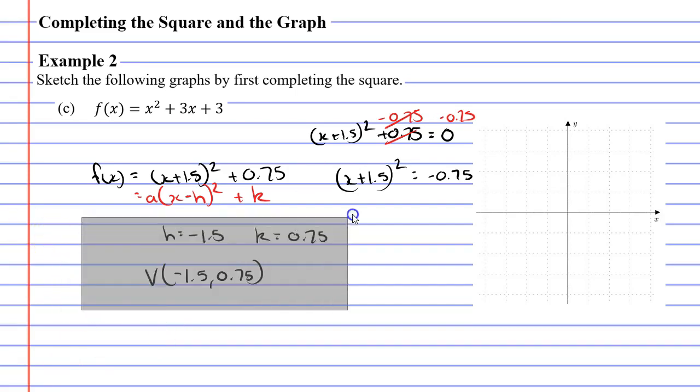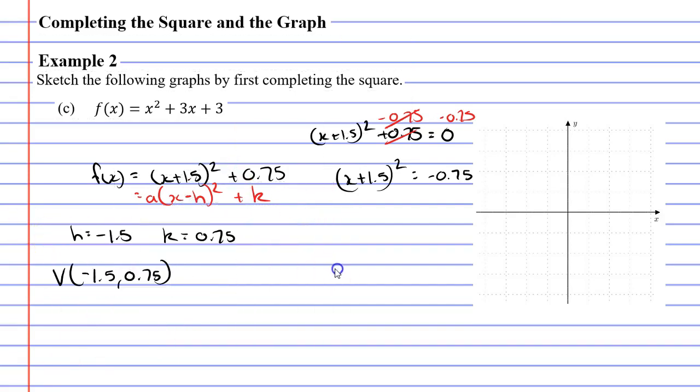Alright, now I need to give myself a little bit more room here. What I'm going to do next is square root both sides of the equation. This will cancel out the square, leaving me with x plus 1.5 on the left, and then the square root of negative 0.75 on the right.